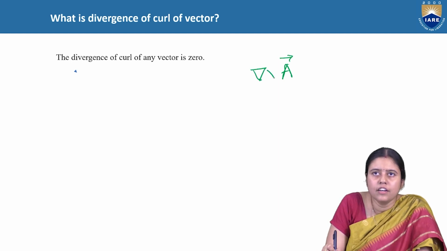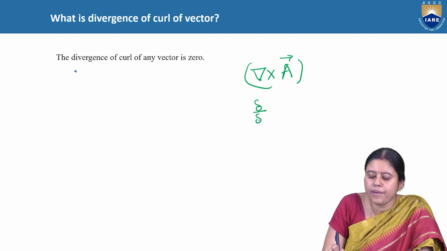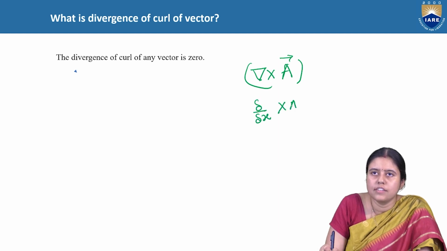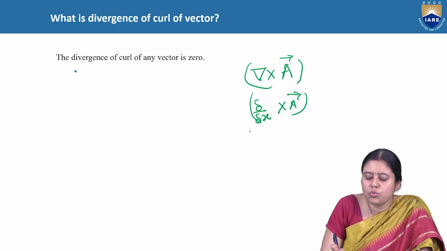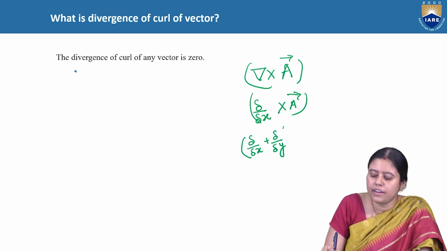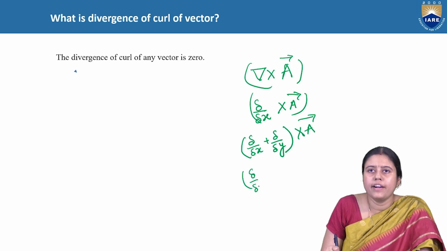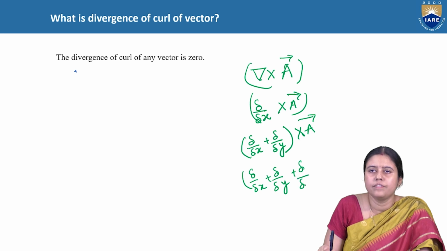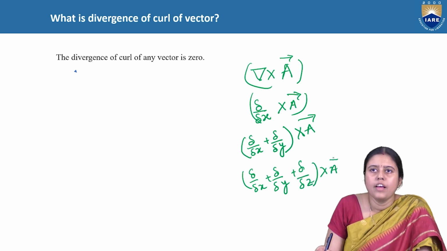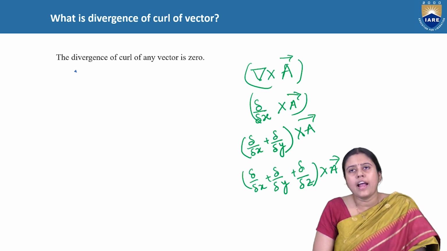Curl means grad cross A. If it is one-dimensional, it is del by del x cross A. If it is two-dimensional, then del by del x plus del by del y, this is the grad cross A. If it is three-dimensional, del by del x plus del by del y plus del by del z cross A. So this is for the Cartesian coordinate. Same thing we can write for the cylindrical and spherical.